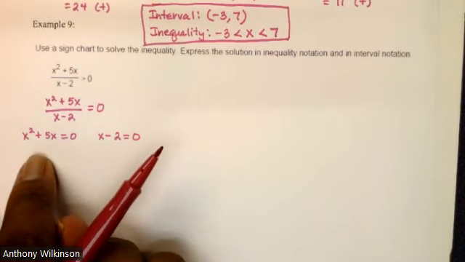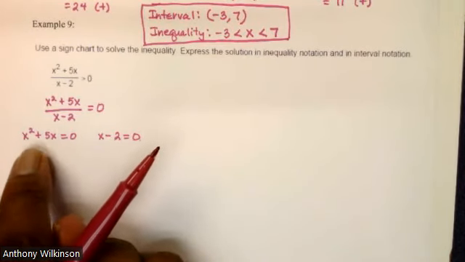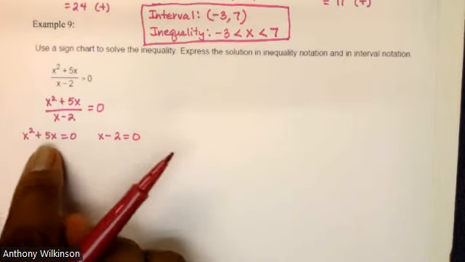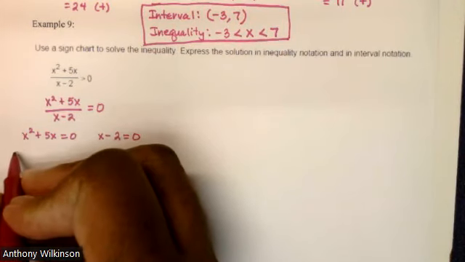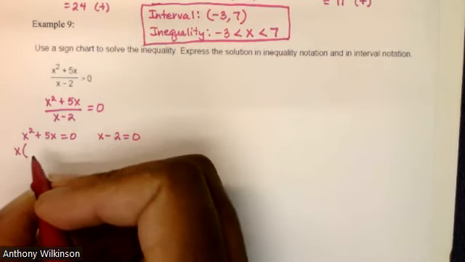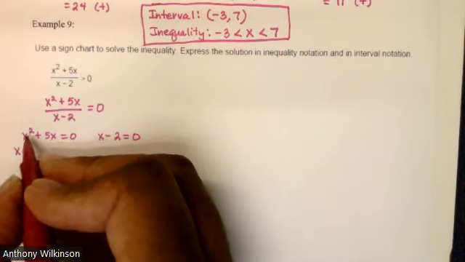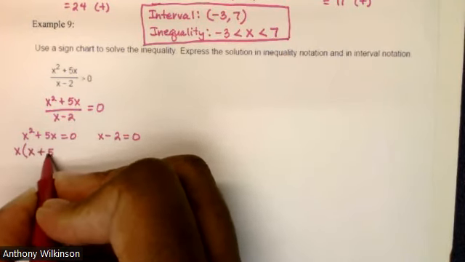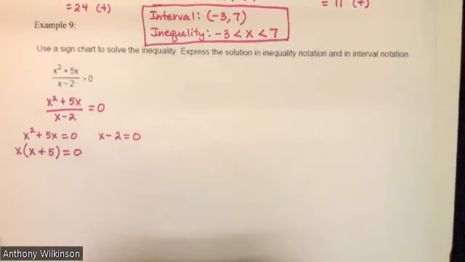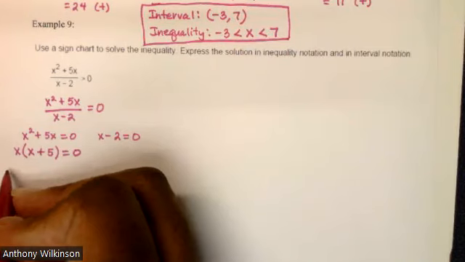Now for this x squared plus 5x equal to 0, we want to factor out the x. We want to find a common factor that's in x squared and 5x, and that's obviously going to be x. So here you got x squared divided by x, that's going to be x, plus 5x divided by x, which will be 5, equal to 0. And then I'm going to set each factor equal to 0.